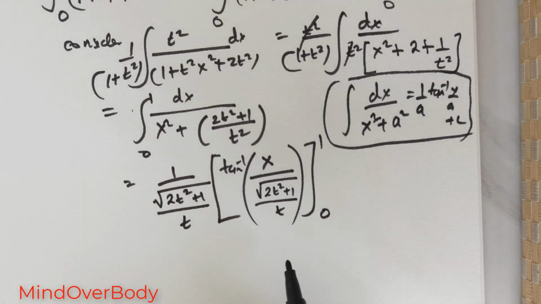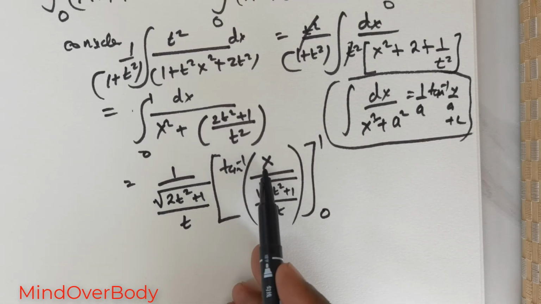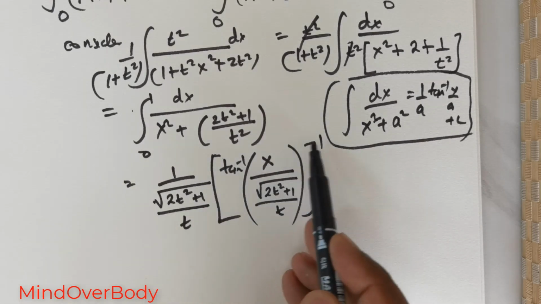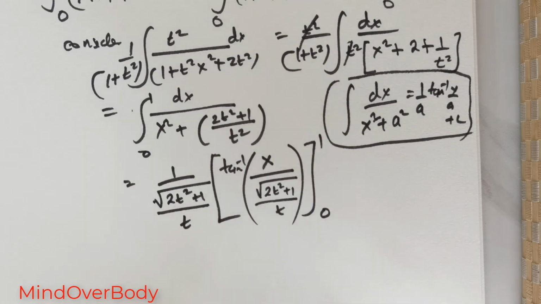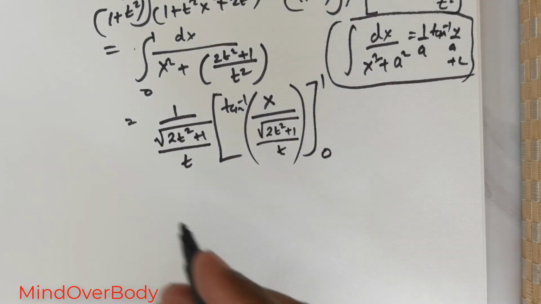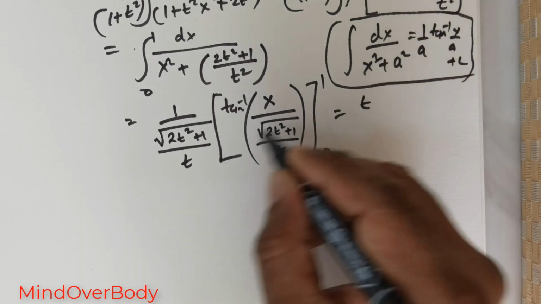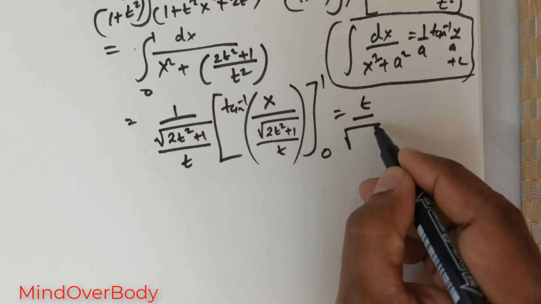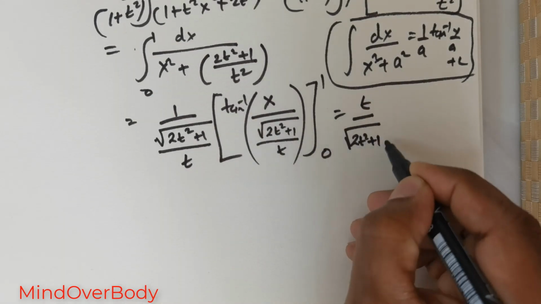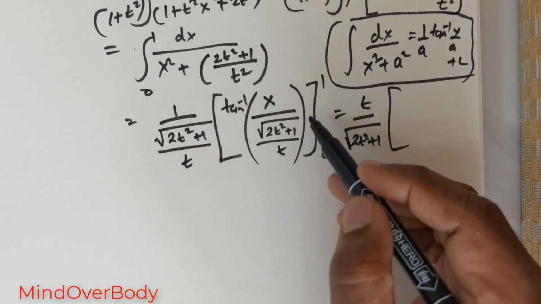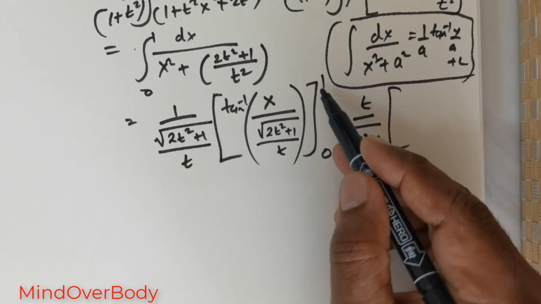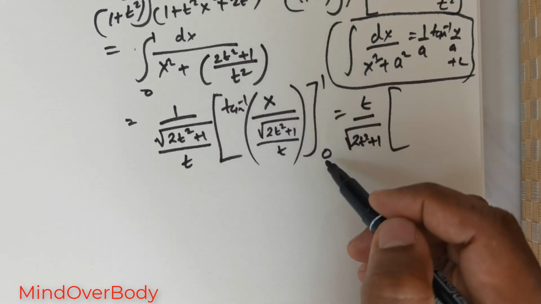Now, since we are dealing only with x, that's the reason I'm placing the parenthesis and the limits at the head here. So this can be rewritten as, you flip it, t over root of 2 times t squared plus 1. Now the upper limit is 1 and the lower limit is 0.